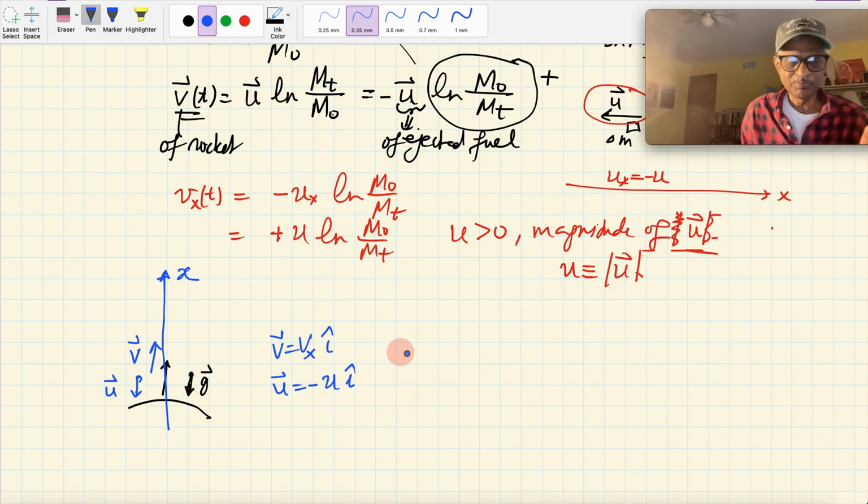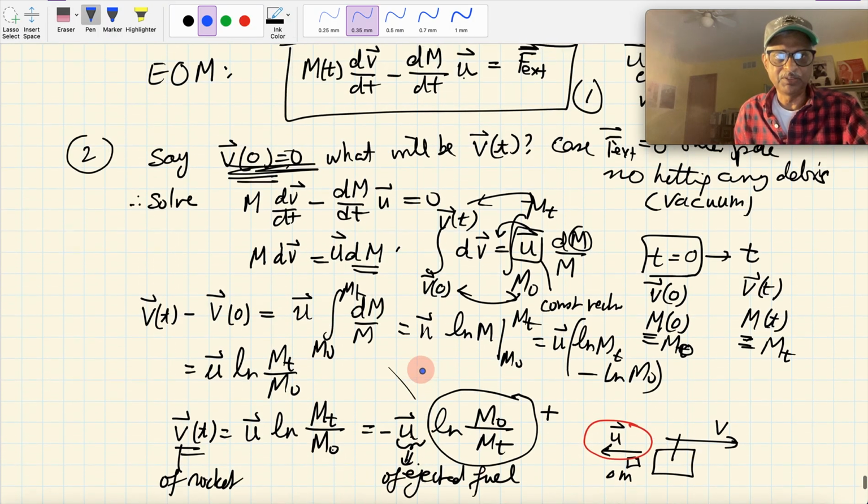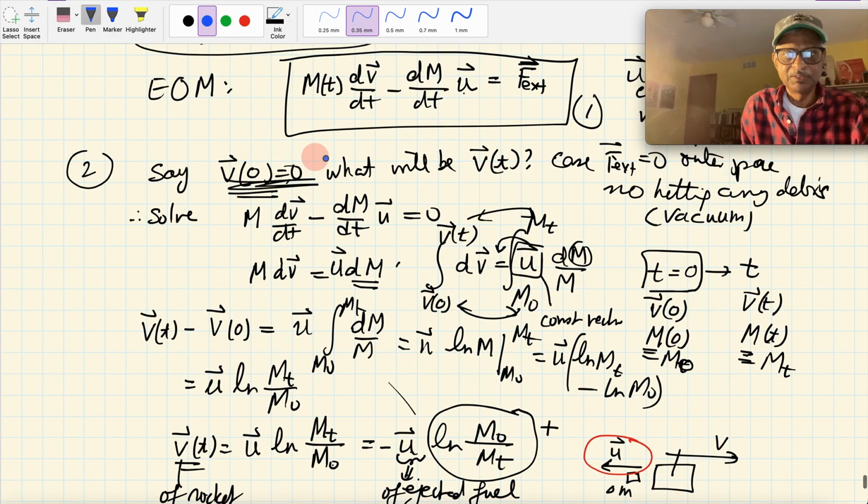And the equation that we need to solve is this in the x component.